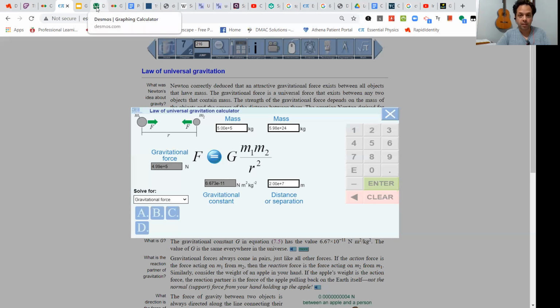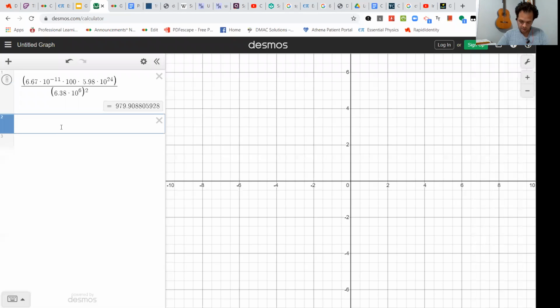So let's see if I can do that in Desmos. I'm just going to copy this and then change the numbers. 500,000, is that right? Mass of the Earth, that and that. 2 times 10 to the 7.